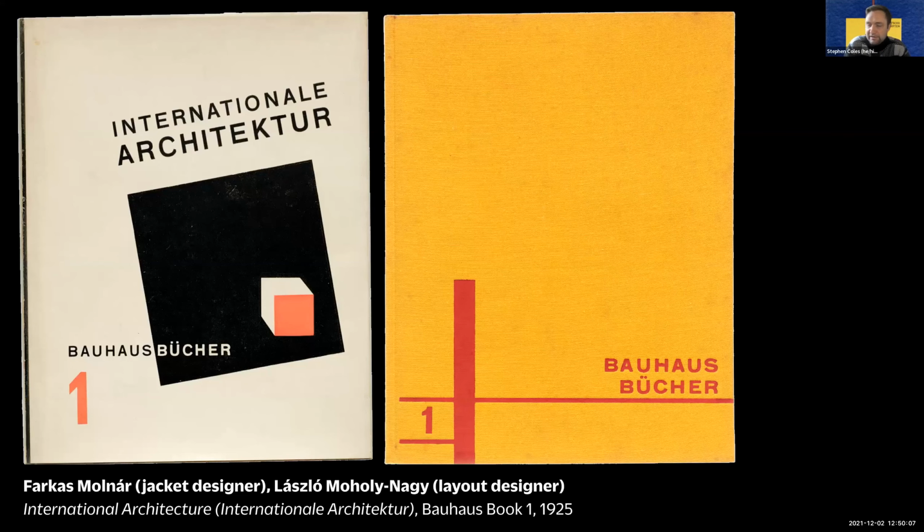Another Bauhaus publication series was the Bauhaus Bücher, and these were more permanent showcases of the pedagogy and the concepts that were being developed at the school. These were all designed primarily, or at least art directed, by Moholy-Nagy. This first issue was, anyway.